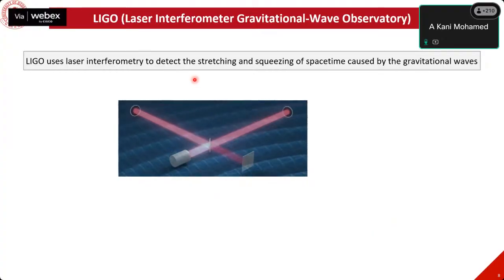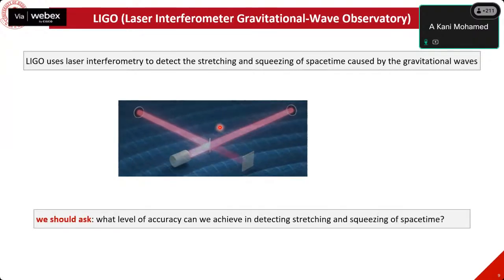This is a laser interferometric gravitational wave observatory, which uses laser light and its interference to detect tiny changes in space-time, the stretching and squeezing of space-time caused by gravitational waves.